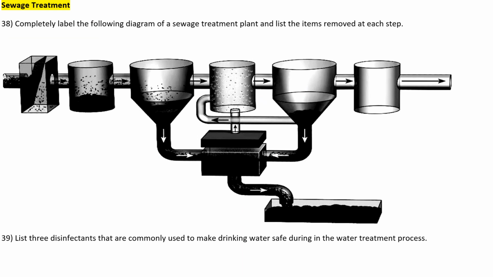Let's label this sewage treatment plant. So we have raw sewage. This right here is called a bar screen. Removes as much solid from the liquid as possible. And then the grit chamber. And finally the settling tank. The combination of the 3 is the primary treatment.